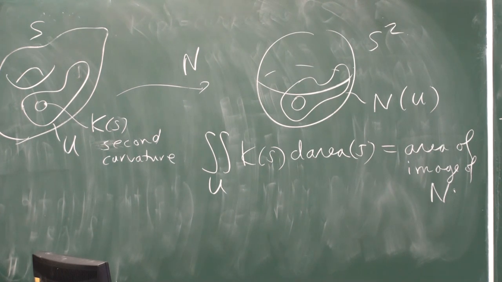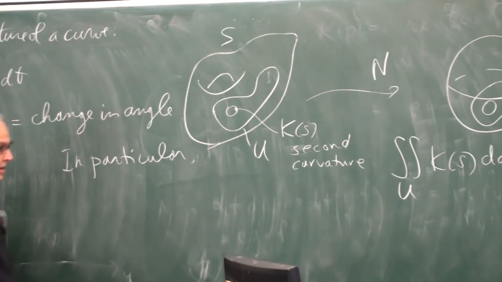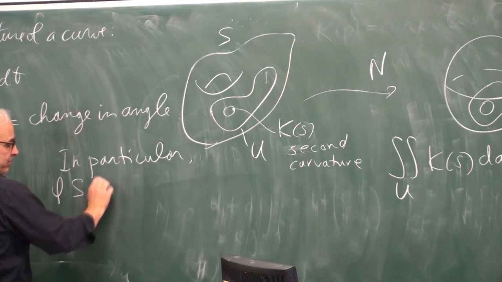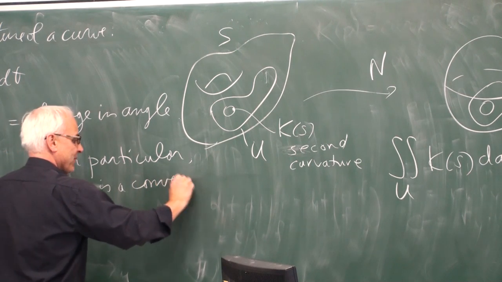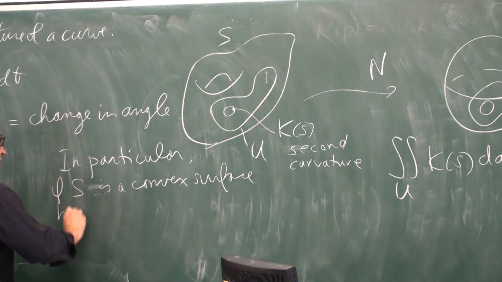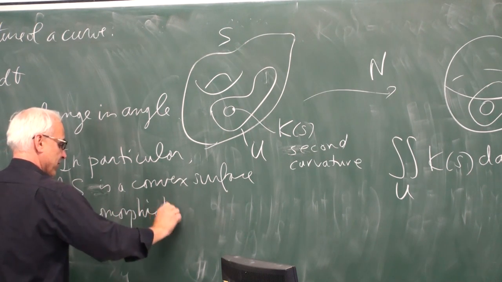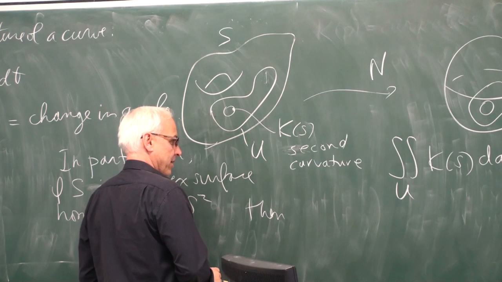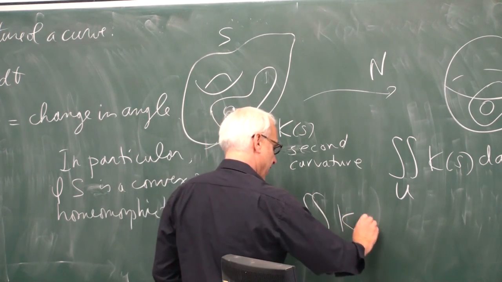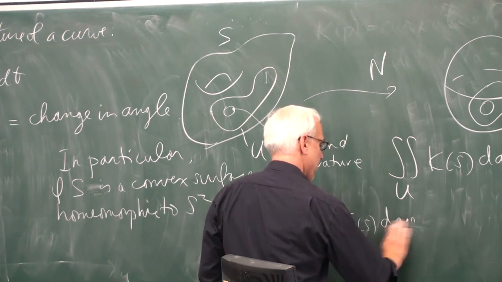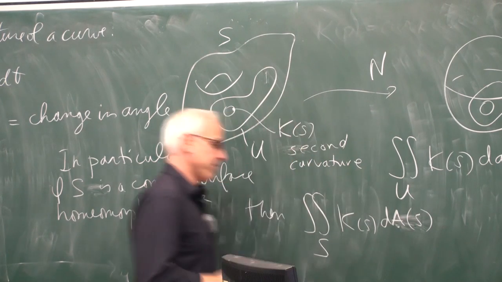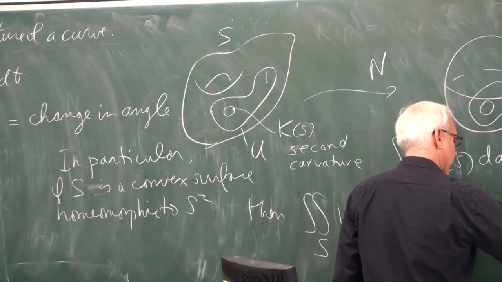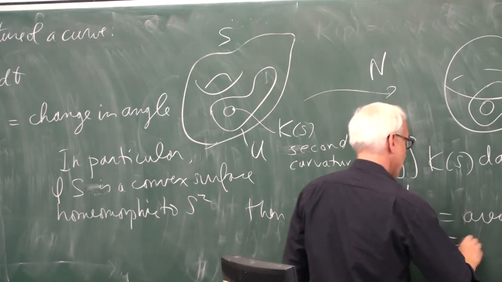In particular, if the surface S is, say, a convex surface homeomorphic to a sphere, then the integral over S of K of S dA of S will just be the total area of the unit sphere, which is 4 pi.